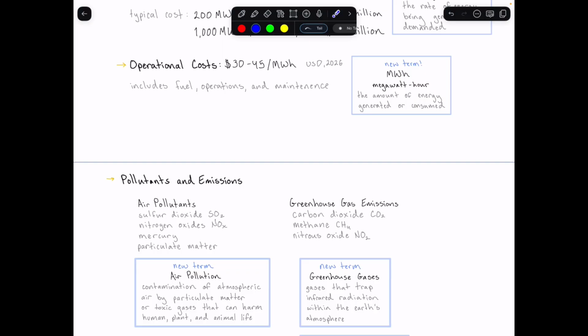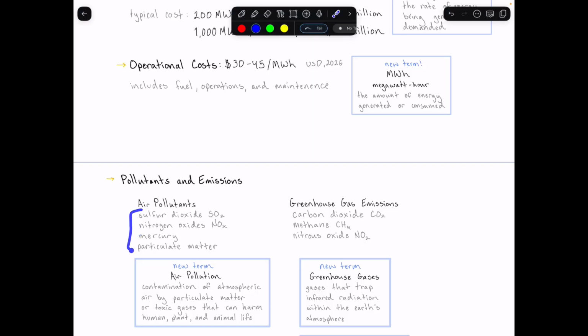So it's toxic. On the other hand, a greenhouse gas is not necessarily immediately toxic, but at a large volume, greenhouse gases can trap heat within the Earth's atmosphere. And so with coal, some of the air pollutants are sulfur dioxide, nitrogen oxides, mercury, and particulate matter.